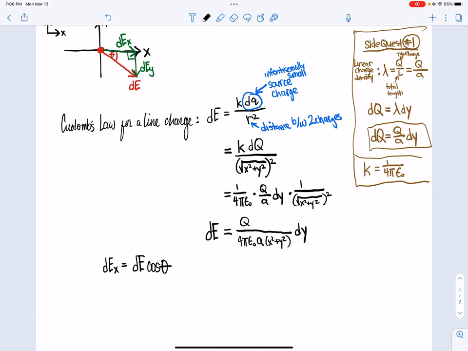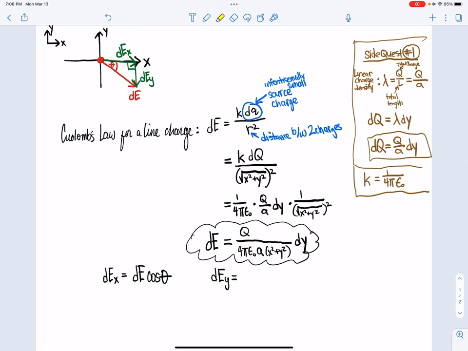And we could also say that dEy is equal to, by the way, the sign for dEx obviously is positive because it's pointing towards the positive x direction, right? What about the dEy, the y component of dE? It's pointing down towards the negative y direction, right? So we know that that will be minus dE sine of theta, right?